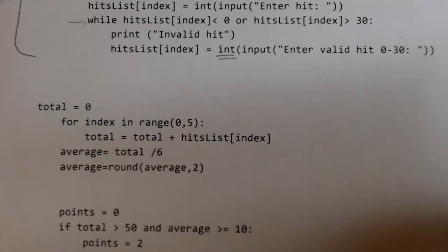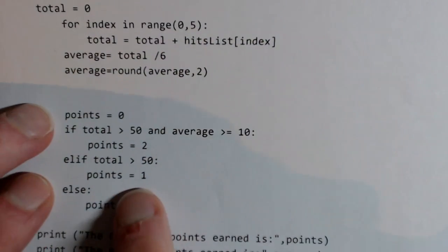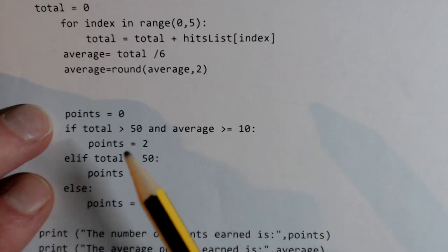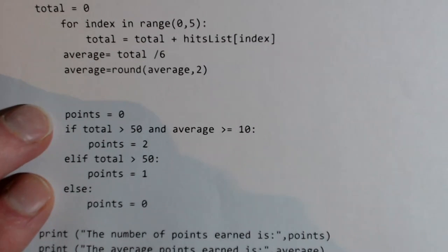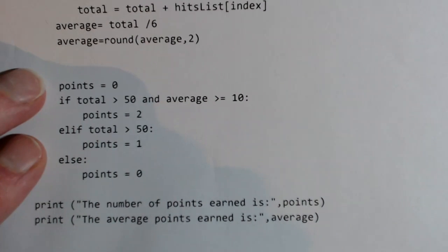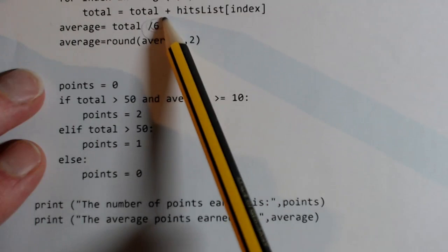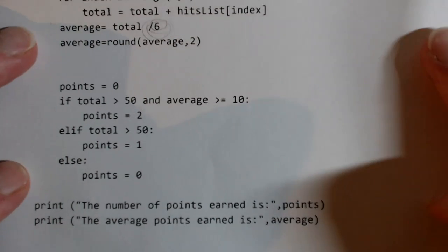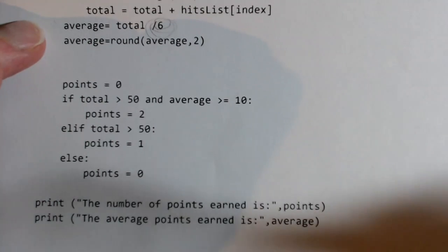After that it works out the points, and all it's saying there is if the total points is greater than 50 and average is greater than or equal to 10, you've got 2 points, else if the total is greater than 50, 1 point, else 0 points, and then it's outputting these. Obviously the wee problem with the average is that it's meant to be 5 hits, so a wee error in the code there.